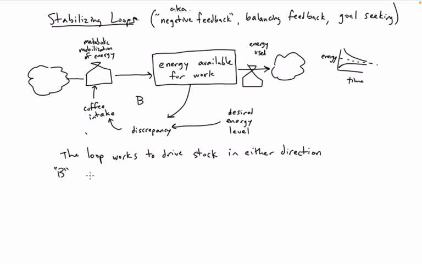And this was in the video, it was a negative sign. So the B, the negative sign, indicates a balancing loop.